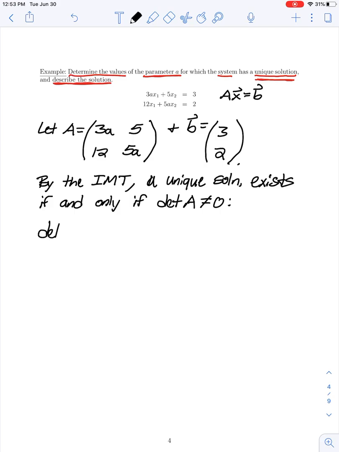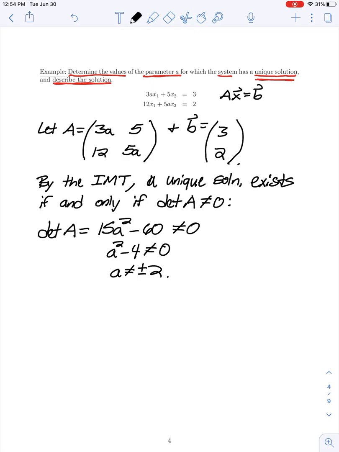So let's look at the determinant of A. For the product of our diagonal entries, we have 15A squared, minus the product of the off diagonals, which is 60, and this better not be 0. So here we could divide both sides of our equation, or non-equation, through by 15, and we would have A squared minus 4 cannot be equal to 0, and so we find A cannot be equal to positive or negative 2.